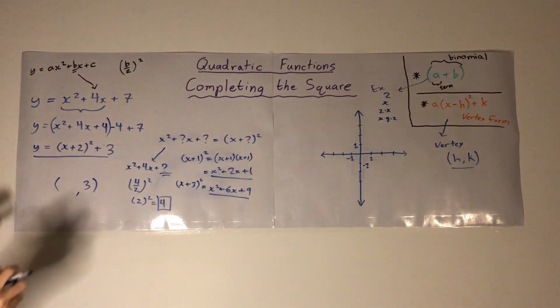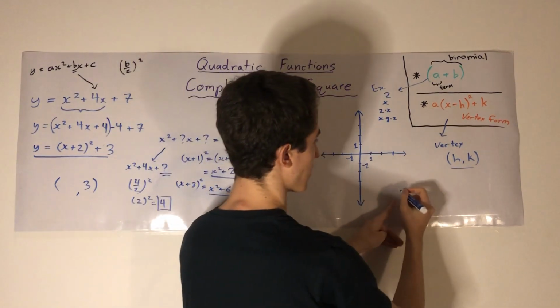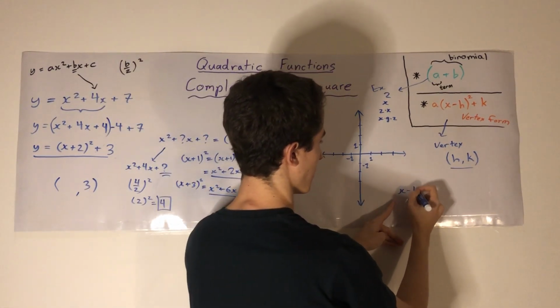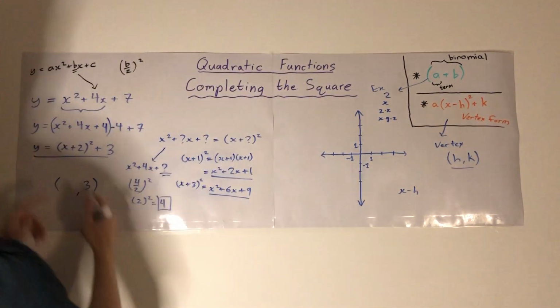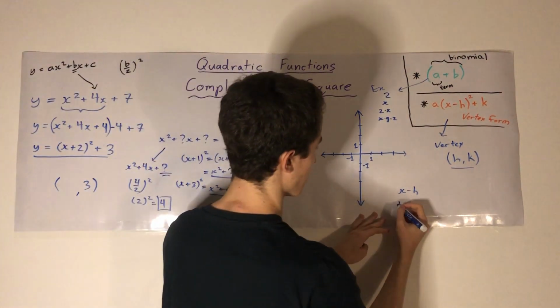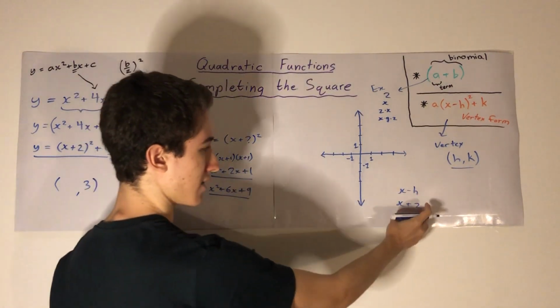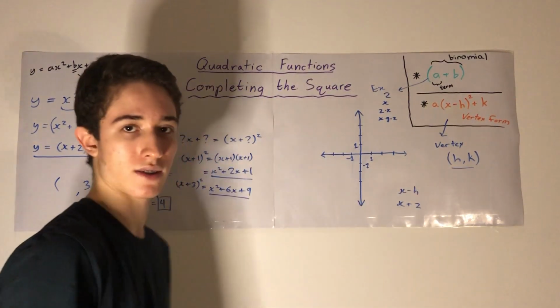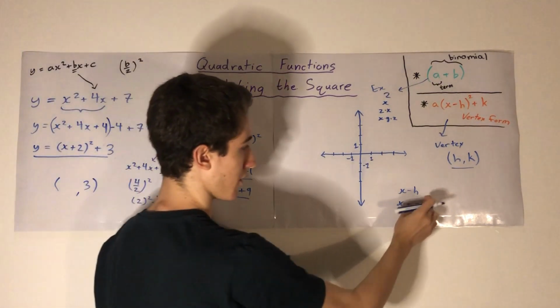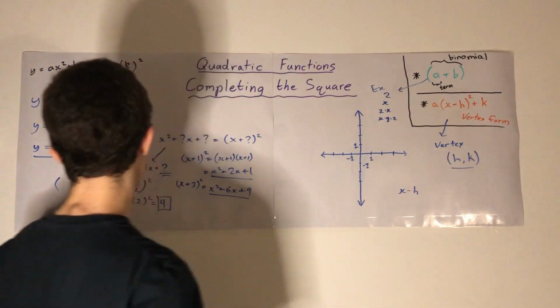And for that, we need to think a little bit, because the formula says that x minus h is inside of this, right? But here what we have inside our binomial that is being squared is x plus 2. And so you can't just say h is 2 because it's not totally correspondent. For you to actually find your h in this case, you need to rewrite this as a subtraction.